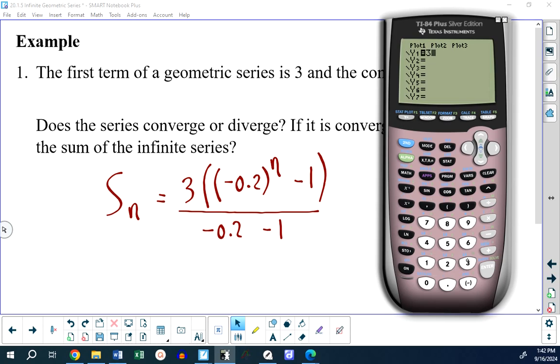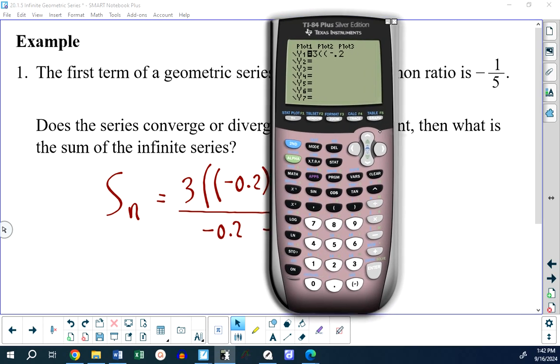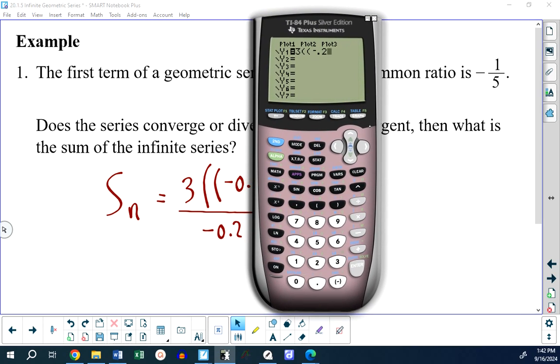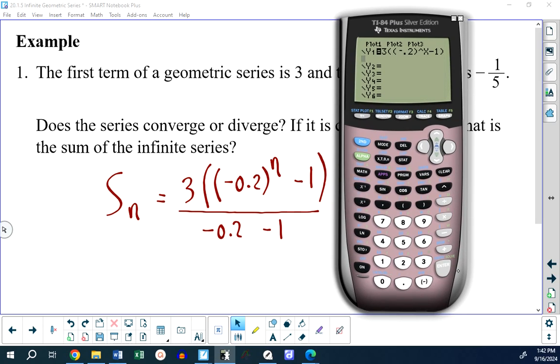So 3, and then this is tricky, in brackets, and then another set of brackets, negative 0.2. Can you confirm that negative 1 over 5 is negative 0.2? Close the brackets, raise that to n, which is x, subtract 1, close the brackets on the entire top, and then divide by negative 1.2.